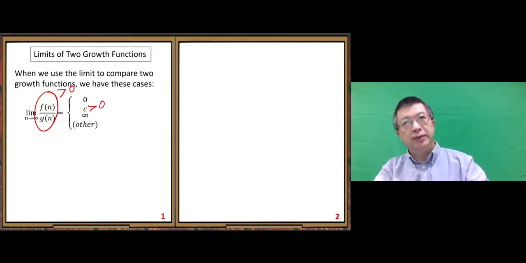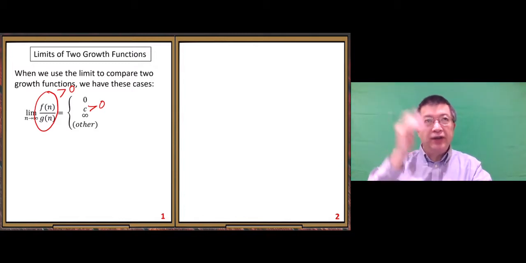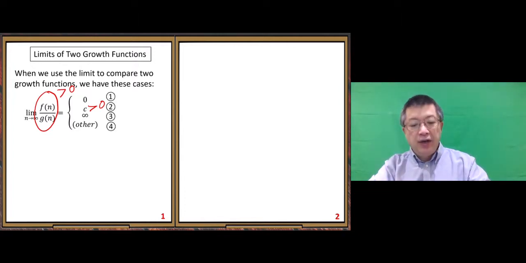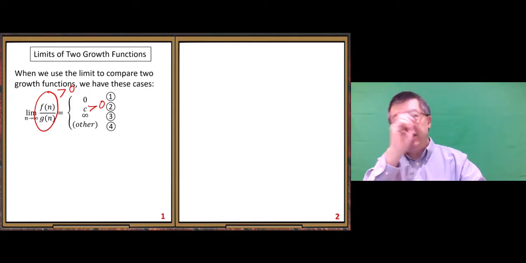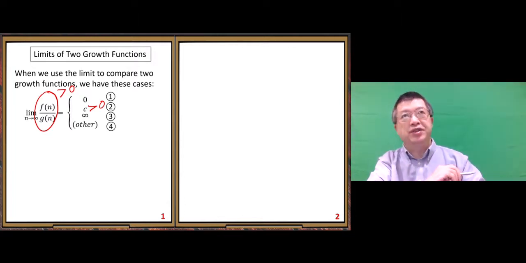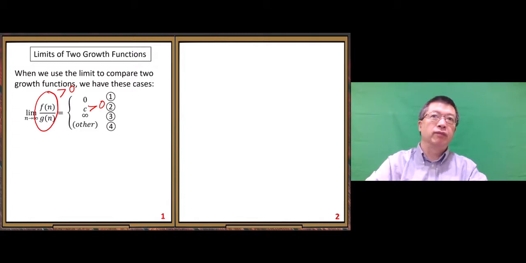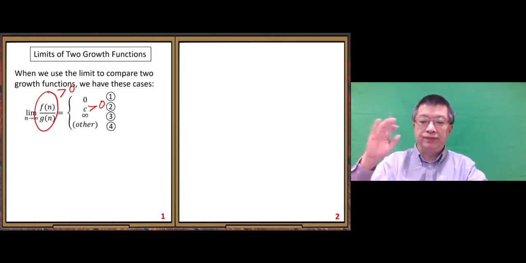Then the third case, positive infinity. And there is an other case, none of the 3. We will look at the other case a little more. So let's look at these 4 cases one by one.